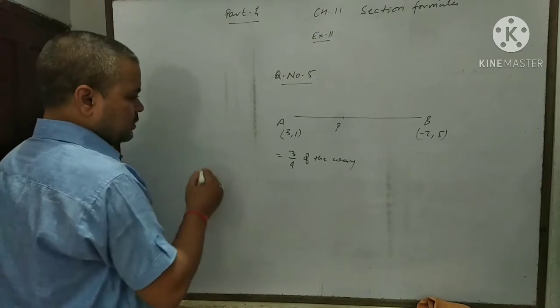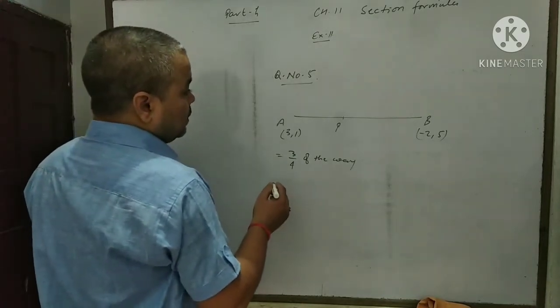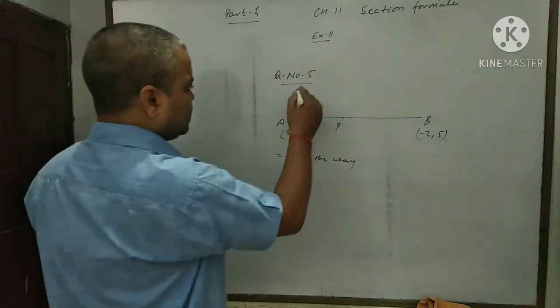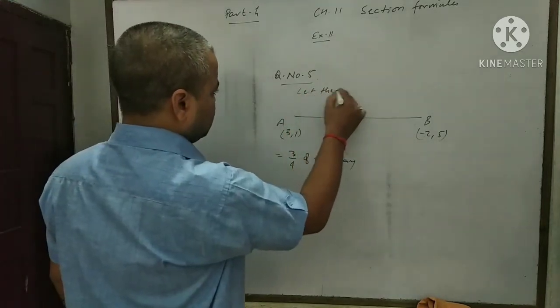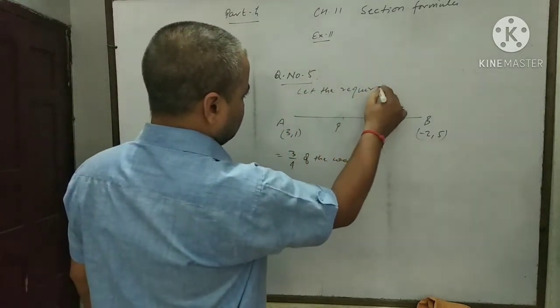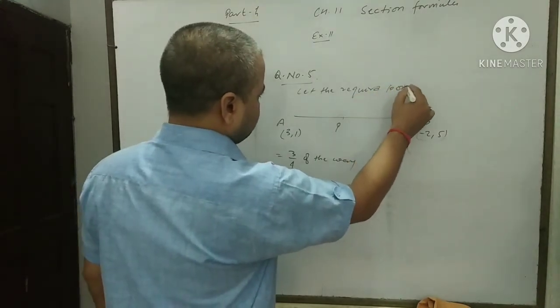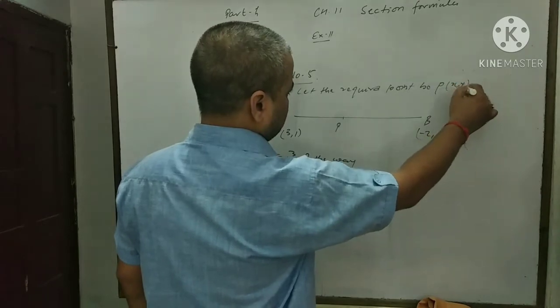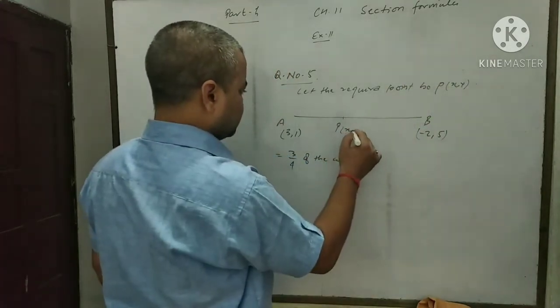First of all, we write here. This is the part of solution. Let the required point be P, which coordinate is x1.